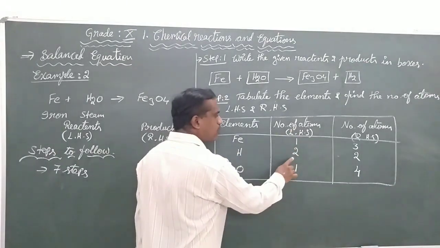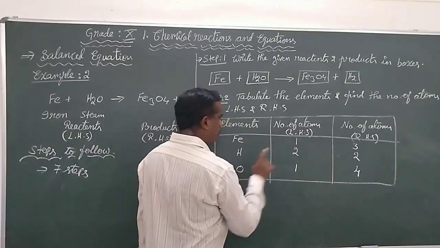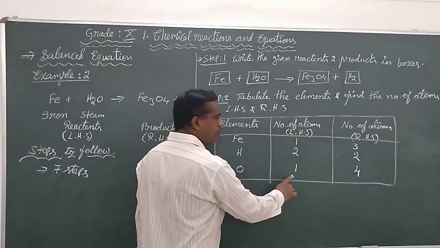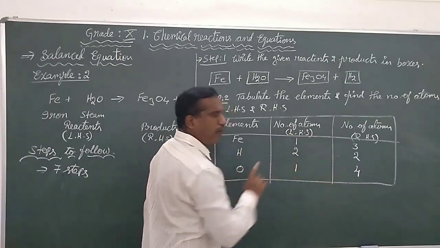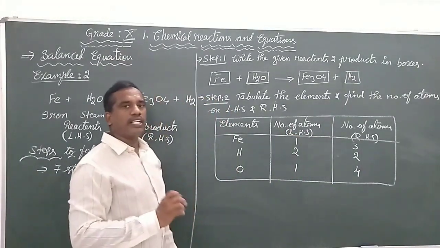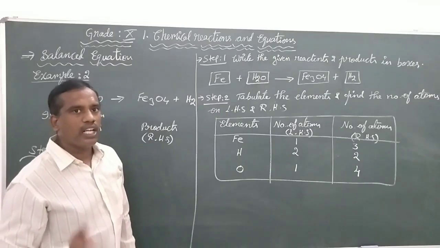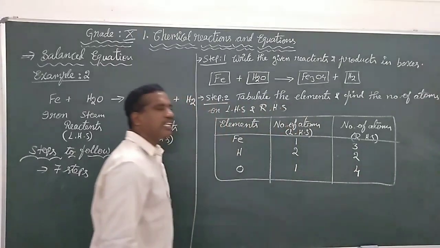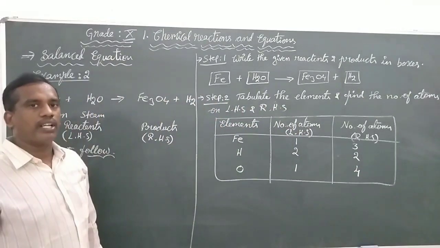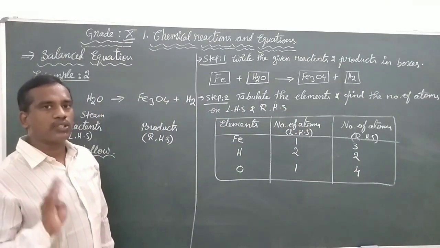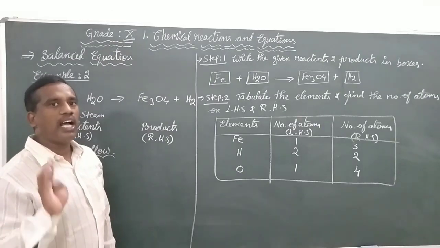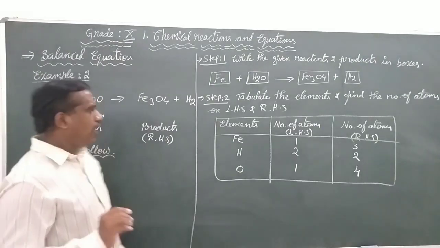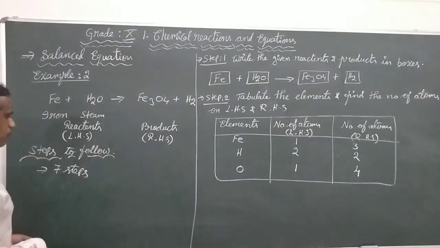Hydrogen on the LHS only 2, RHS is also 2. Oxygen, LHS 1, RHS 4. So what is the element that is maximum in number? We find the oxygen on the RHS, that is maximum in number. Means first we will start by balancing the oxygen. Let us do that in step 3.